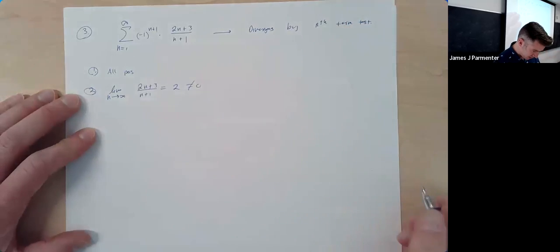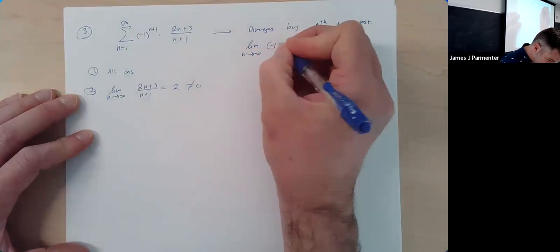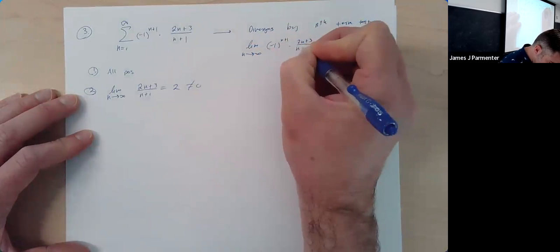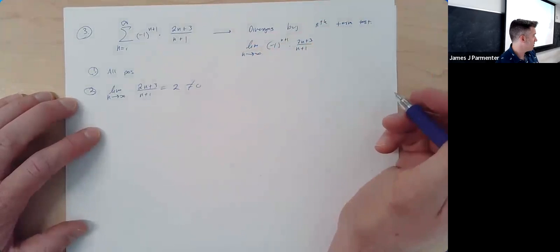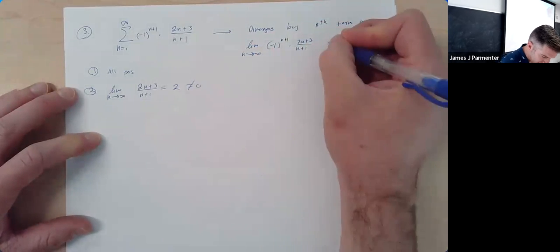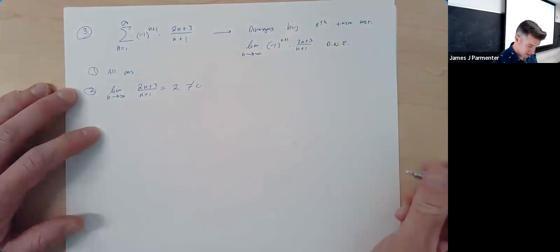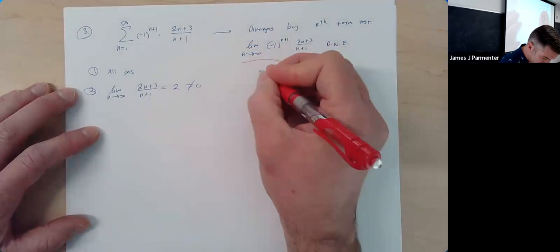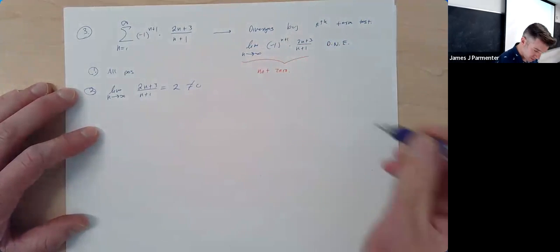Because the limit of the actual sequence of (-1) to the n plus 1 times (2n plus 3) over (n plus 1) does not exist. It's bouncing back and forth between +2 and -2. And that limit does not exist. It certainly doesn't equal 0. So I usually don't actually care about the non-existing part. I just specifically care, hey, that's not 0. So the series diverges.